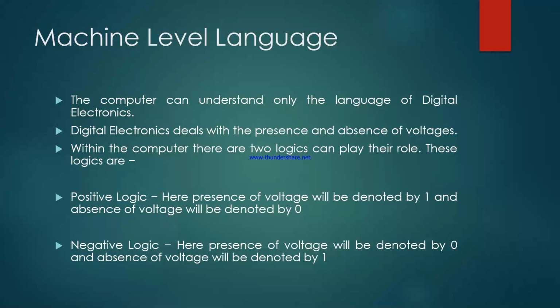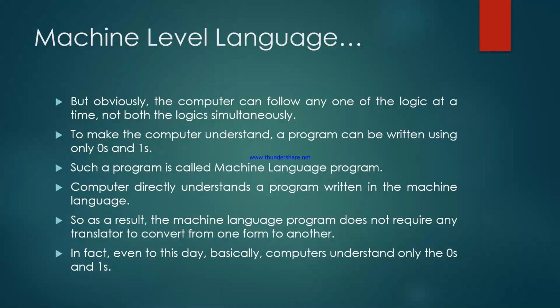Similarly, in negative logic, the presence of voltage will be denoted by 0 and absence of voltage will be denoted by 1. But obviously the computer can follow any one of the logics at a time, but not both logics simultaneously.